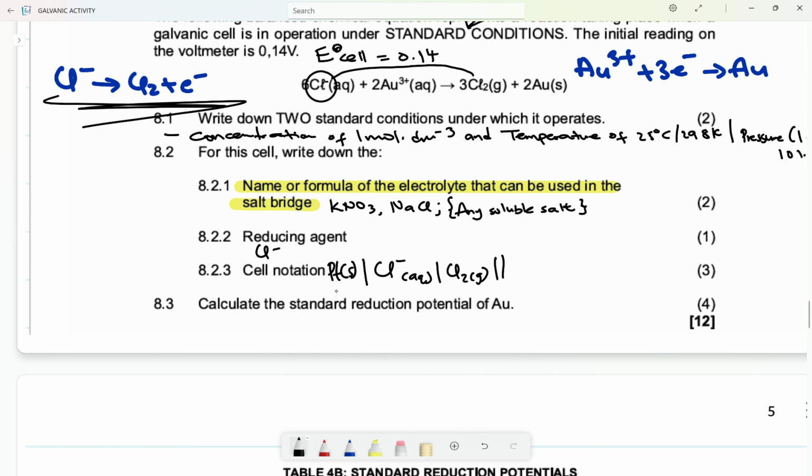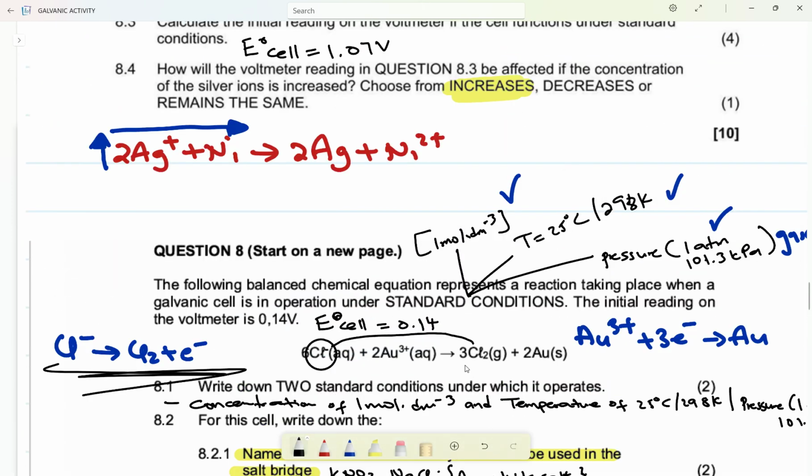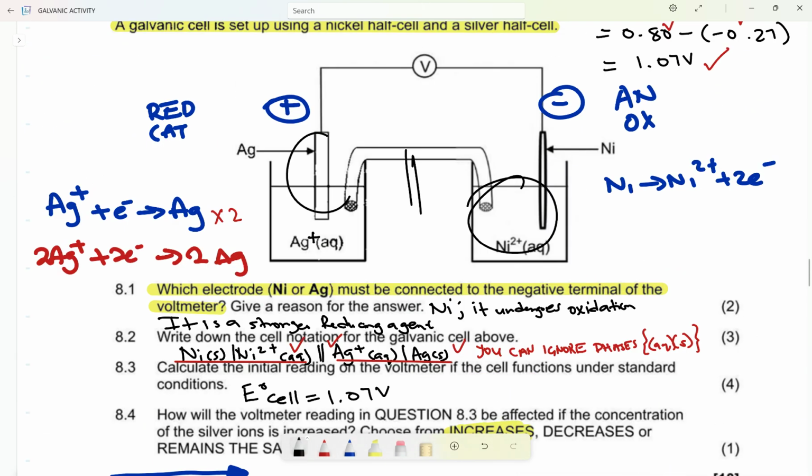Remember, I need my electrode, and my electrode needs to be solid. They need to be solid, by the way.